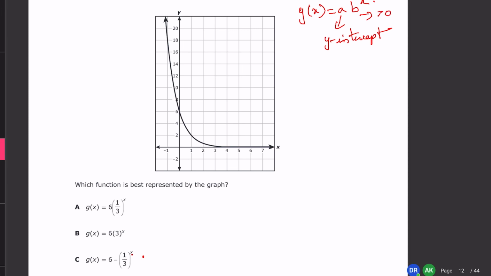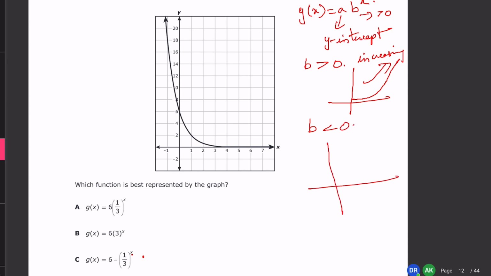If b is greater than 0, the graph is going from a smaller to a bigger number. It is increasing. This is an increasing graph. But if b is less than 0, then it is a decreasing graph, which you are having right now in the figure.